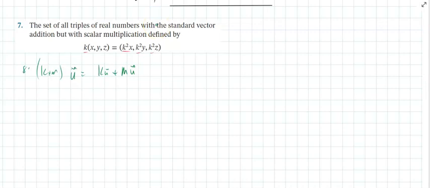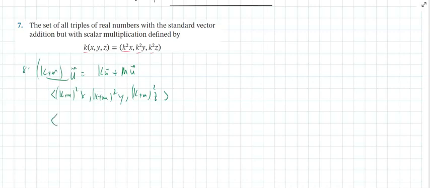If I take that, that's going to be (k plus m) squared x, (k plus m) squared y, and (k plus m) squared z.